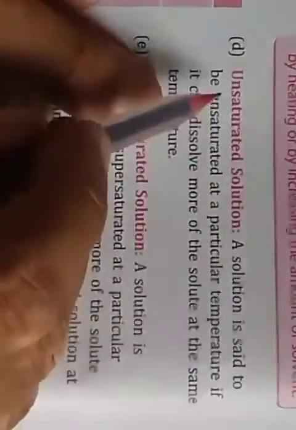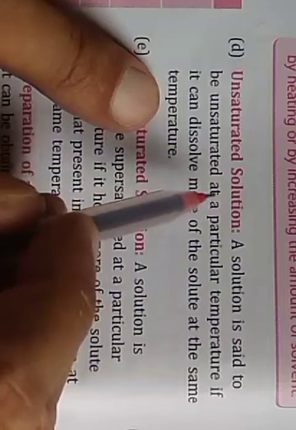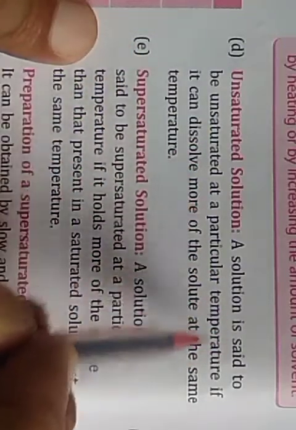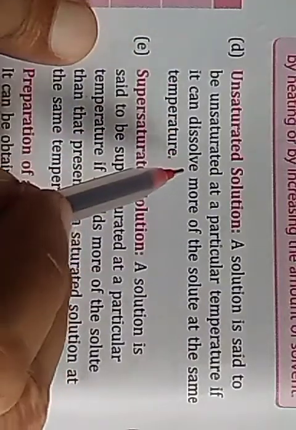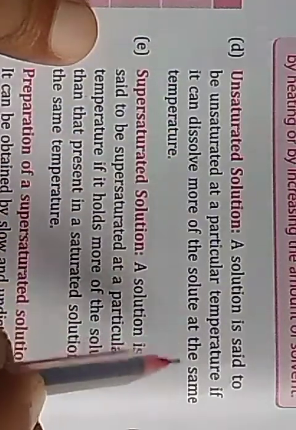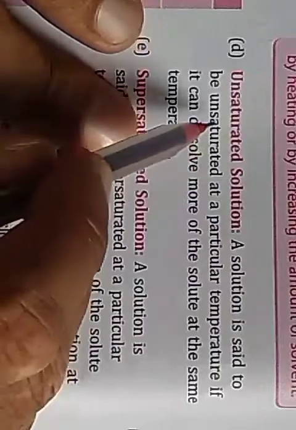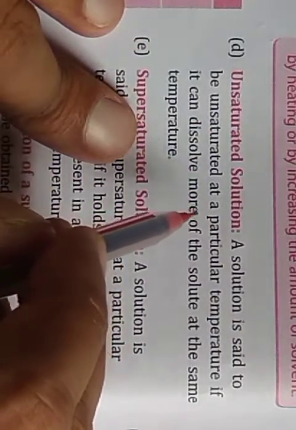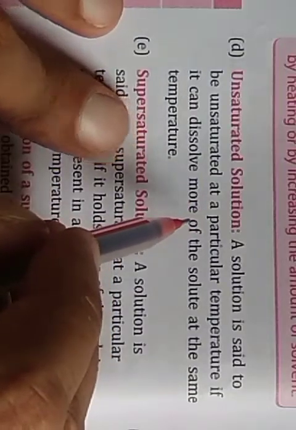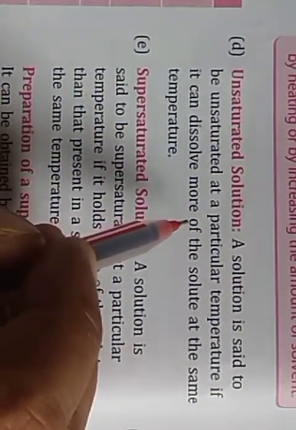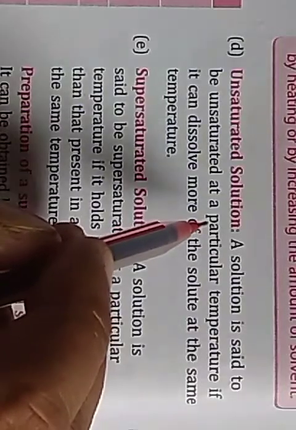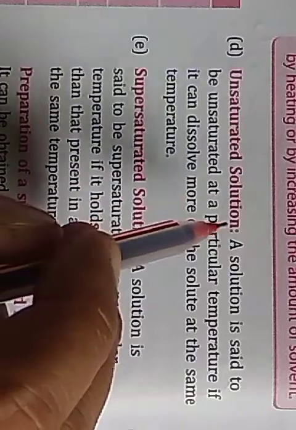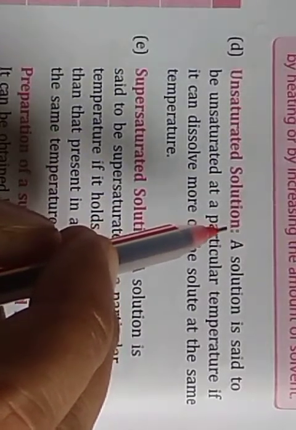Now next type of solution is unsaturated solution. A solution is said to be unsaturated at a particular temperature if it can dissolve more of the solute at the same temperature. The unsaturated solution is the solution which has the ability to dissolve more solute at a particular temperature.